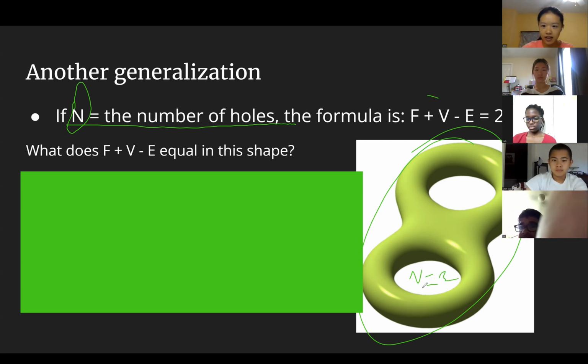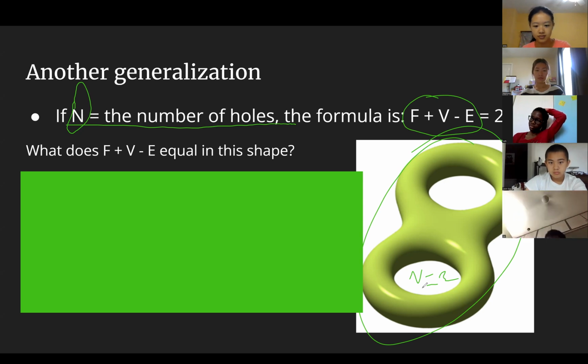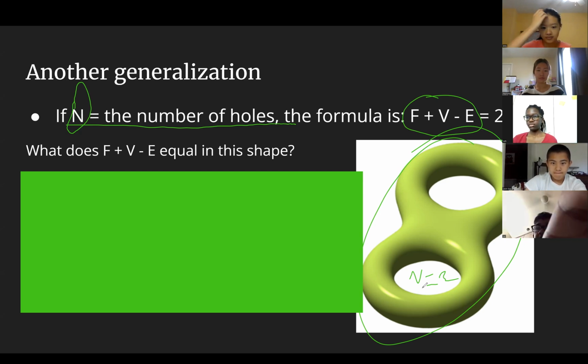So f plus v minus e would equal, so it would equal -2.